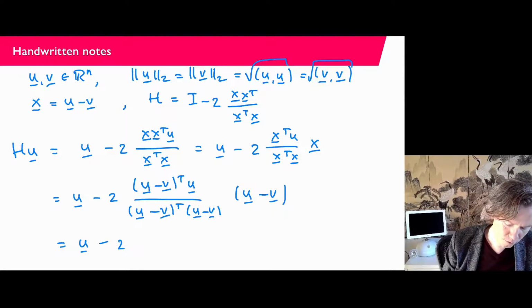And I can write the numerator as u transpose u minus v transpose u.